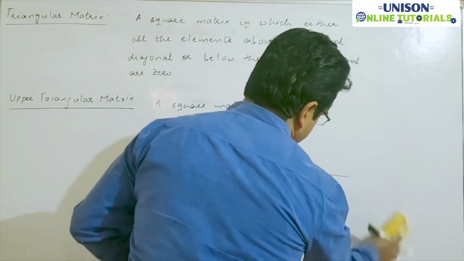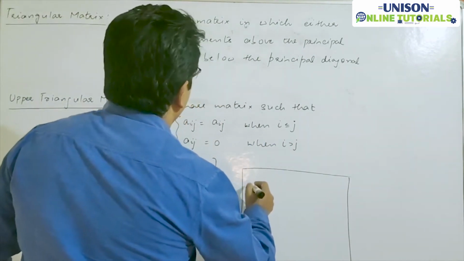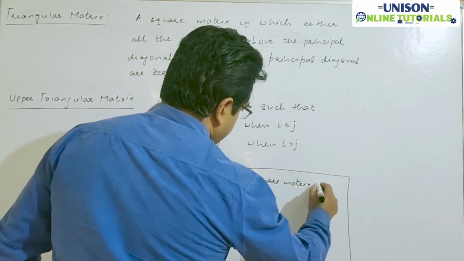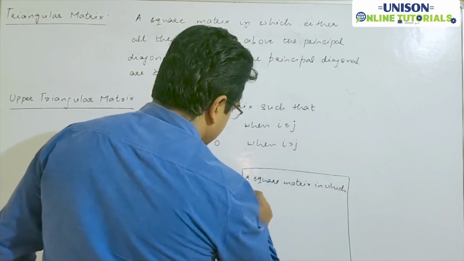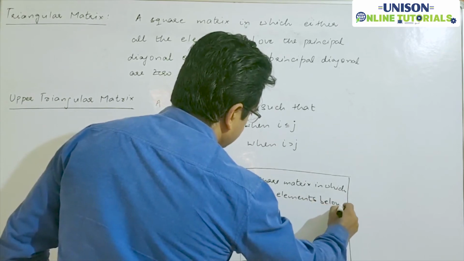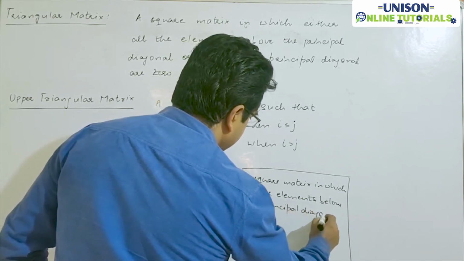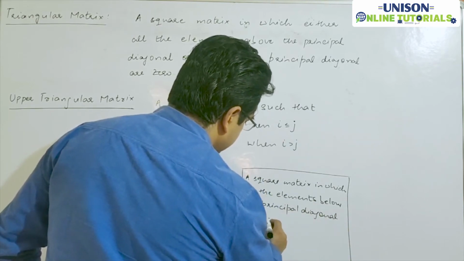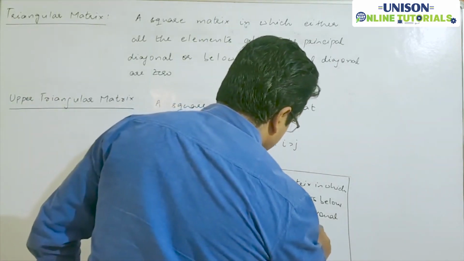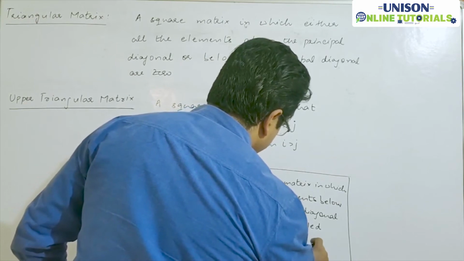You can also write the definition: a square matrix in which all the elements below the principal diagonal are zero is called upper triangular matrix.